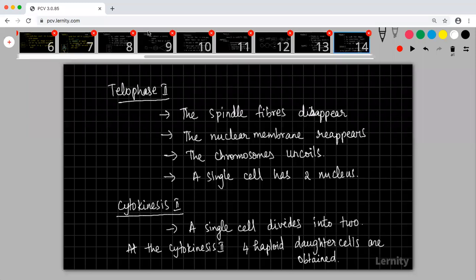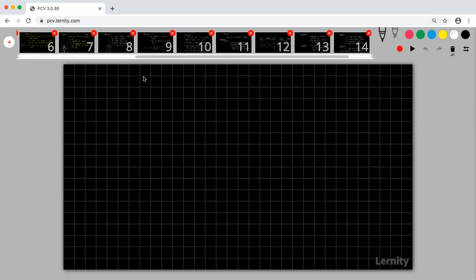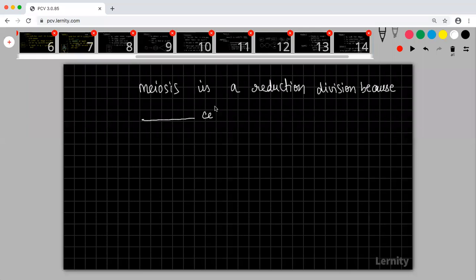Okay, one important point that you have to write here is: meiosis is a reduction division because dash cells are converted into dash cells.